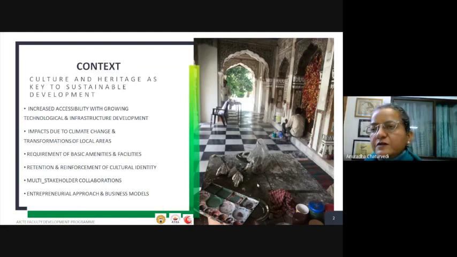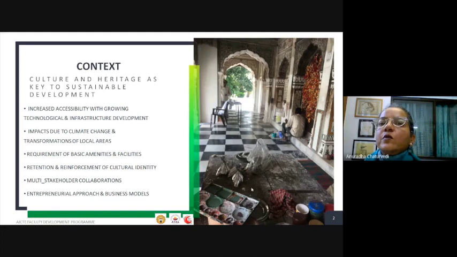The lectures of the preceding 3 days would also have developed upon this theme, that with increased accessibility due to growing technological and infrastructure development, the heritage resources of our country are becoming more vulnerable. There is a lot of transformation of local areas due to inappropriate development. There are impacts due to global aspects such as climate change.